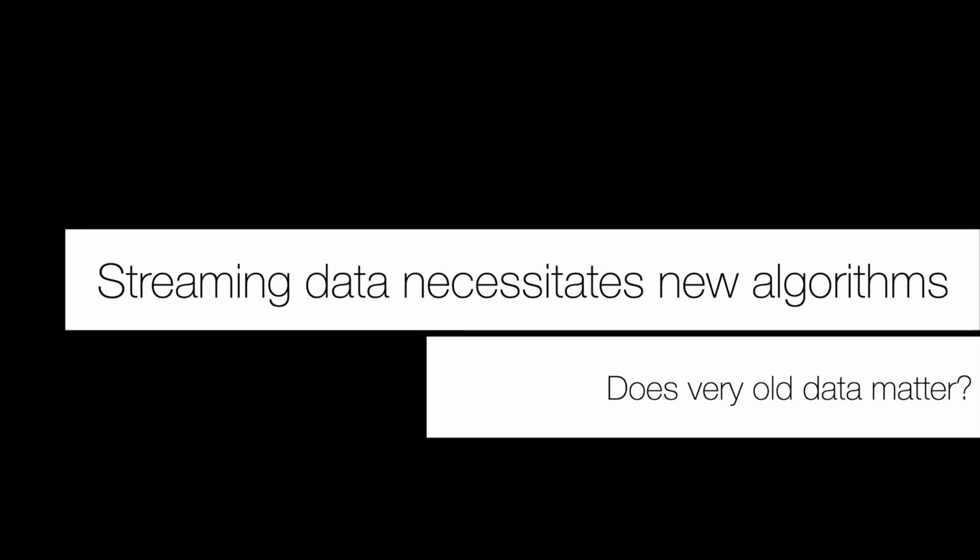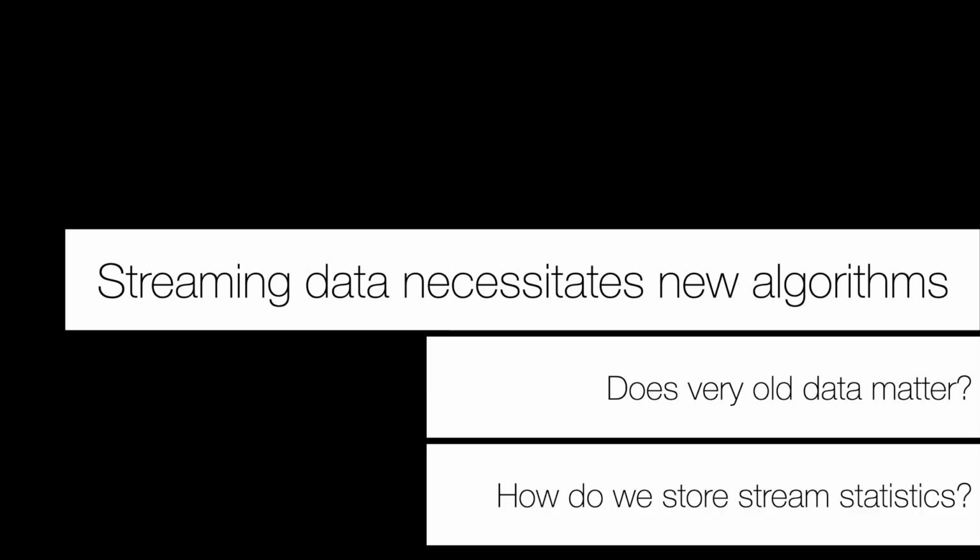The answer is maybe not, if I'm trying to understand what is actionable right at this moment, but maybe it does if I'm trying to understand the evolution of a particular user. These are questions that don't always have a clear answer, but we have to deal with them. And then there are other things we get to change about how we store stream statistics.